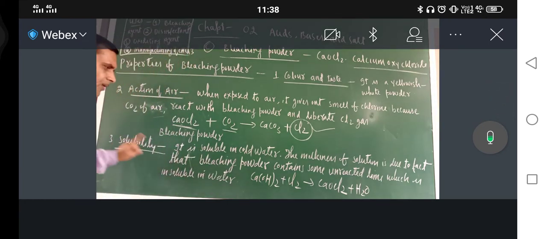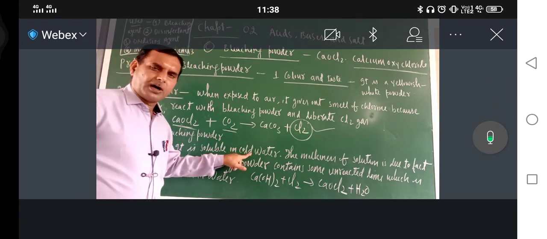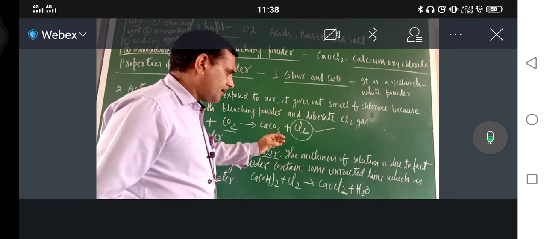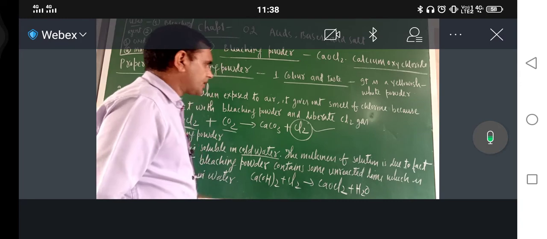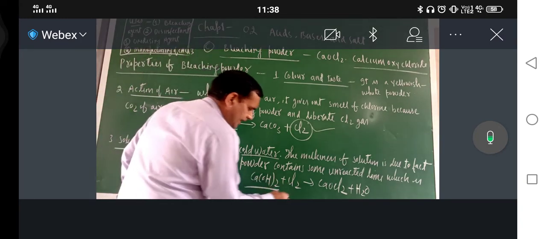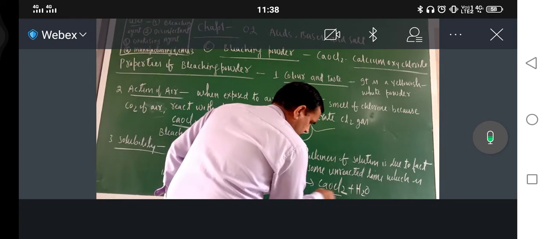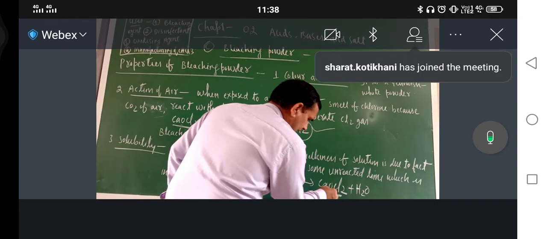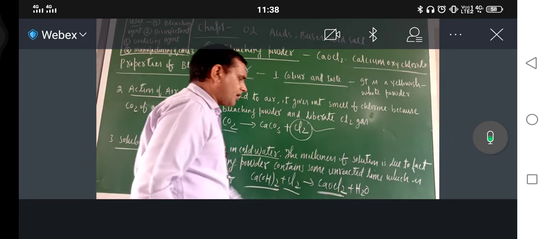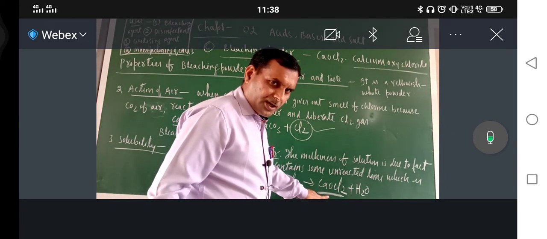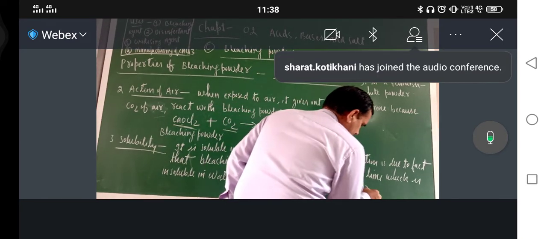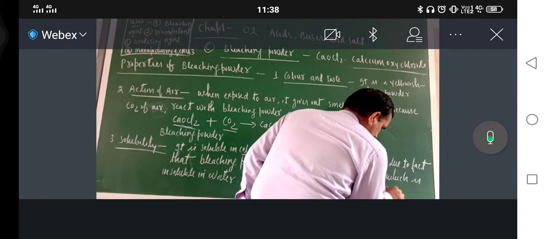Okay. Solubility. It is soluble in cold water. The milkiness of solution. One more thing is there. Just see. When slaked lime reacts with chlorine, it forms bleaching powder, calcium oxychloride. Now this calcium oxychloride, its appearance is milky.